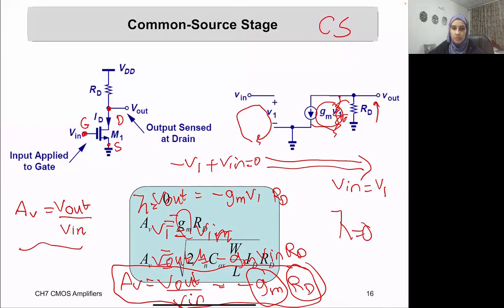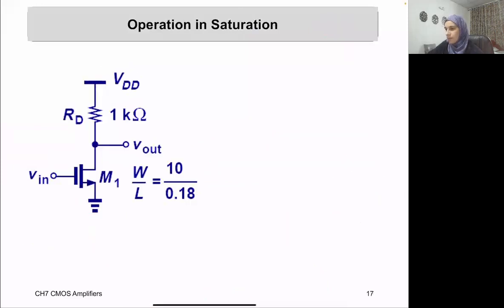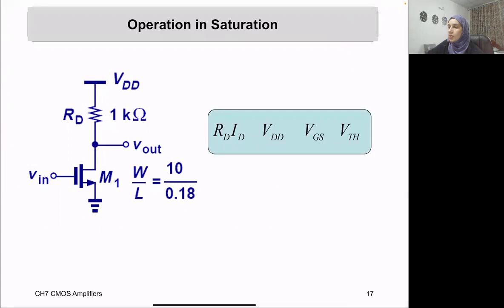I'm again apologizing for this mess here, but I'll upload clean slides. What was this? Yes, here we need to make sure that the amplifier is operating in the saturation region.